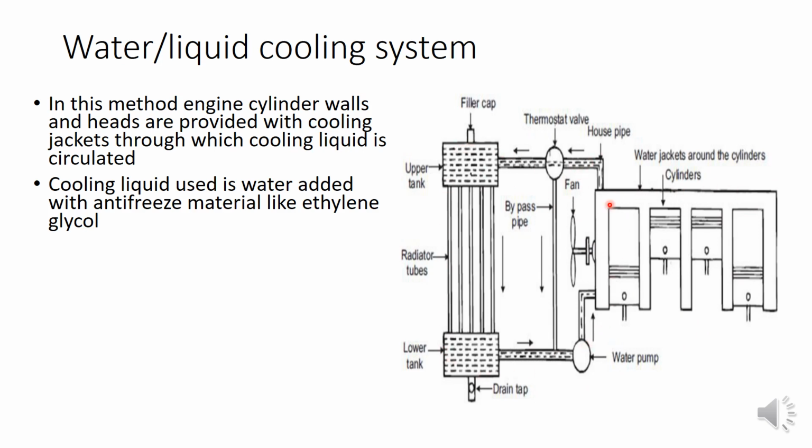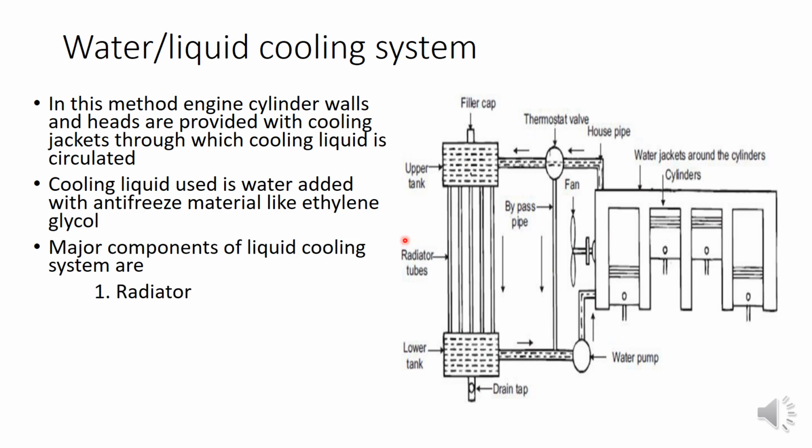And you can see, other than this cooling jacket, we are using a number of components. Mainly 4 components are used. So what are the 4 components here? Yes, the first component is a radiator. So you can see here, this one is a radiator, which is a major component of a liquid cooling system.